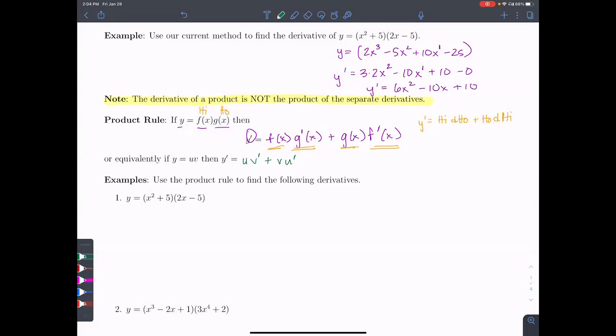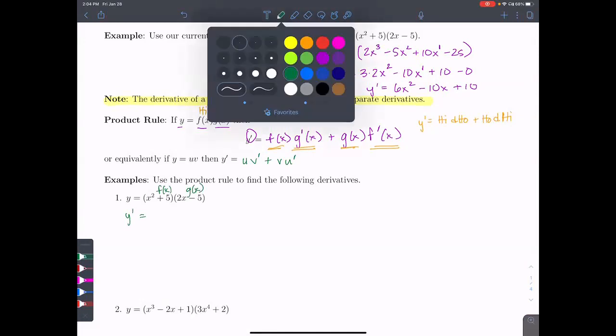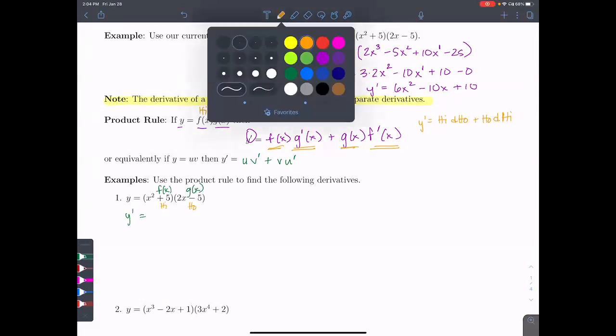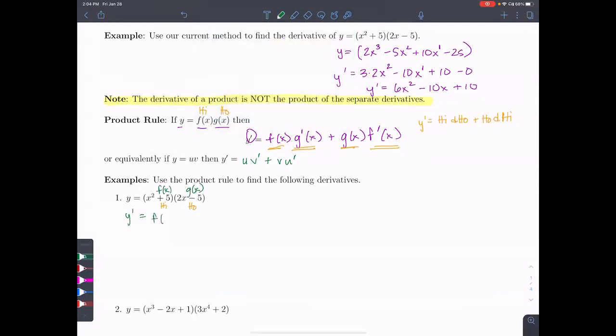Okay, so let's do that for the example we just did and see if we get the same thing. So y prime here, this would be f of x, this is g of x, or if you want to use the high ho thing. So you have f of x times g prime, first function times the derivative of the second, plus the second times the derivative of the first.